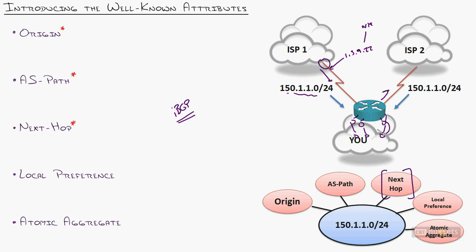It's going to hand these routes down the way. Well, the next hop attribute 1.5.9.22 comes in right here. iBGP doesn't change it, so as it passes that route to this guy, it says, hey, I know about 150.1.1.0, and the next hop is 1.5.9.22. So this guy's like, oh, so it's not you, it's him?